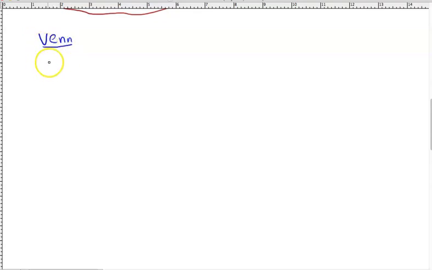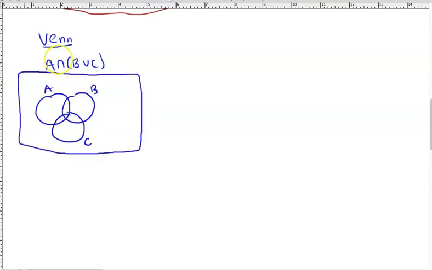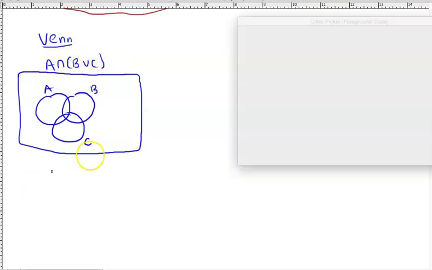Right, so I want to do a Venn diagram for this first. Okay, so let's have 3 sets, A, B, C, in a universe. Okay, so I want B union C first, so I'm going to shade that.